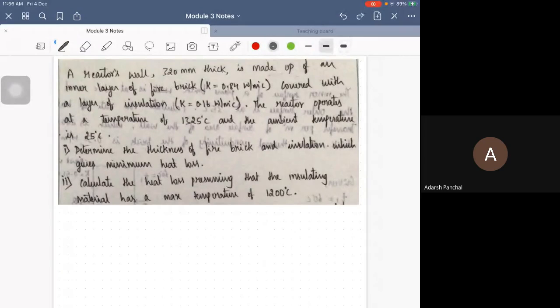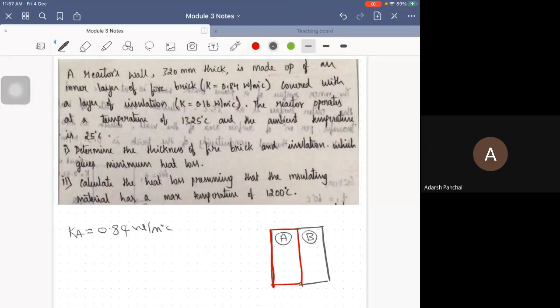There are two layers. So first one, there is a fire brick lining like this. So this is a fire brick. After that, there is a coating of an insulation. Next, the values of K are being given, I guess. Let us take this material to be A and this material to be B. Ka is given as 0.84 watt per meter degree Celsius.